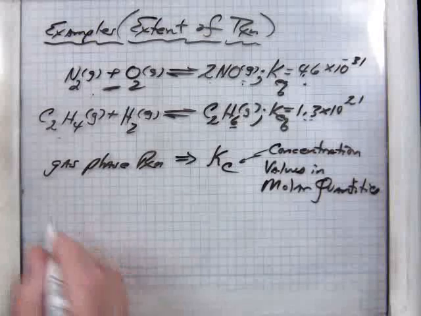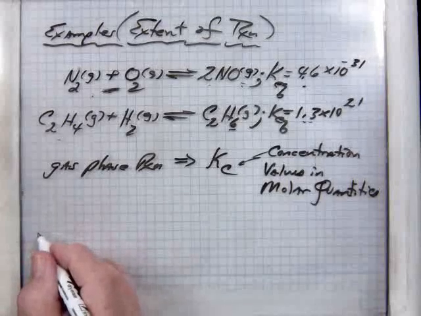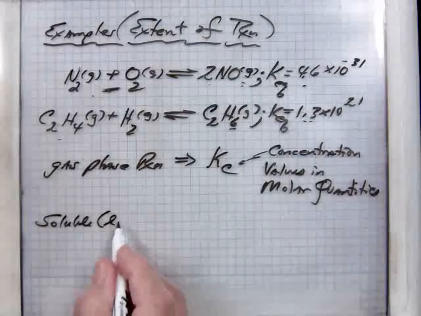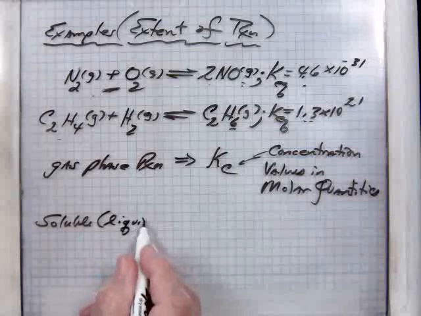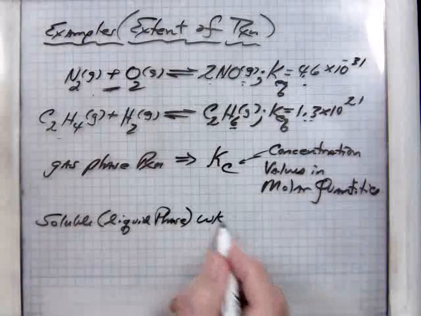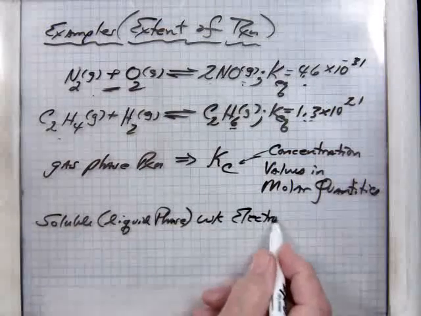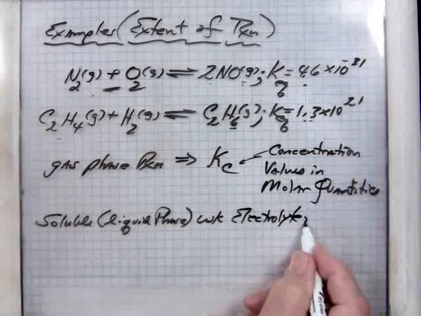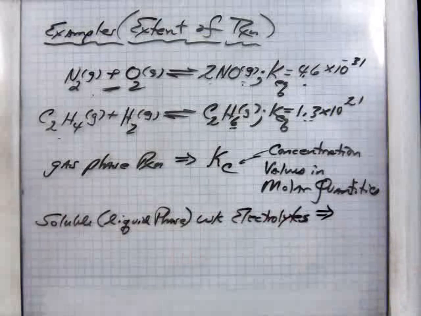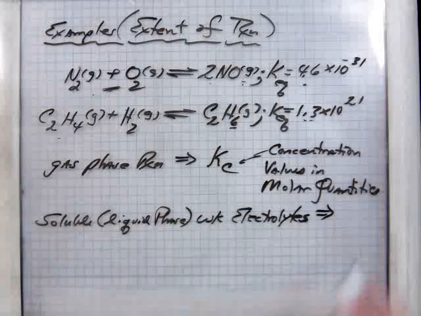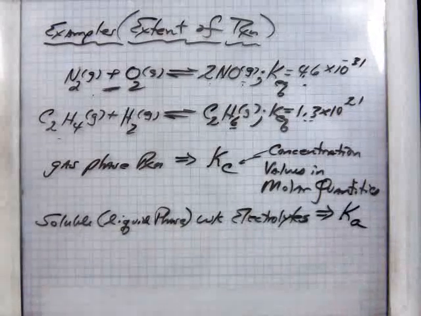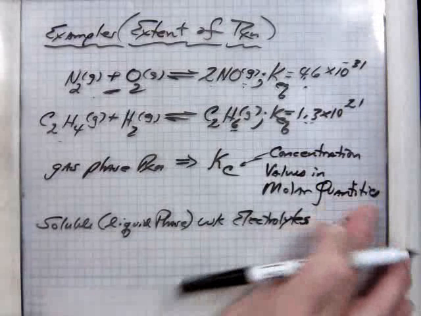If you're working in soluble weak electrolytes, liquid phase, you'll find the K values expressed as a variety of things. If you're working with acids in solution, the reaction is referred to as a Ka.